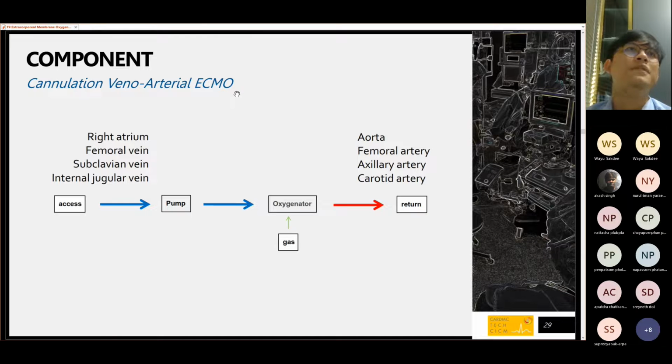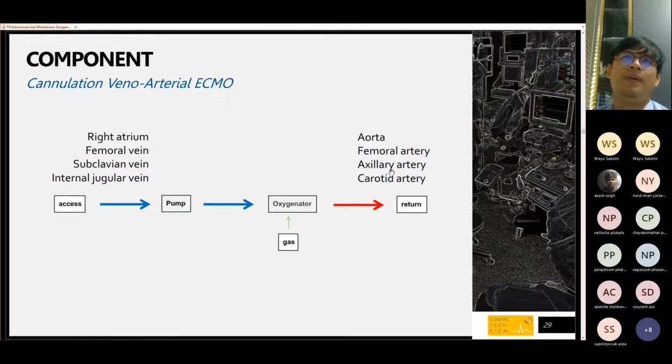Okay, that is the cannulation site option. For the VA ECMO, we start from the venous side, right? So go further to the arterial side. You can see here we can start from the right atrium, or RA, if the patient is put on ECMO after CPB. So it might be the femoral vein or subclavian vein, or the internal jugular vein for a small baby.